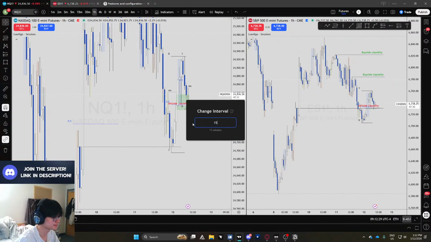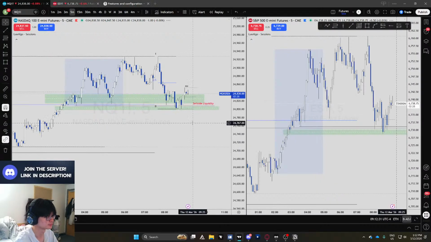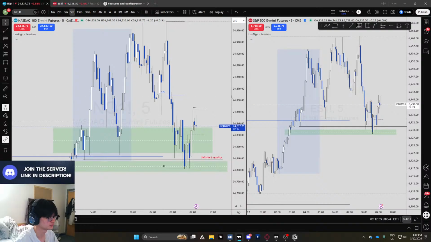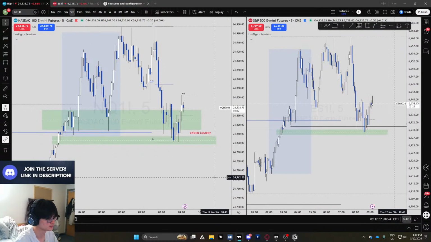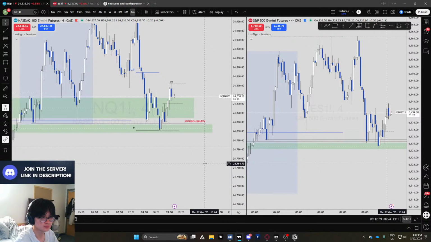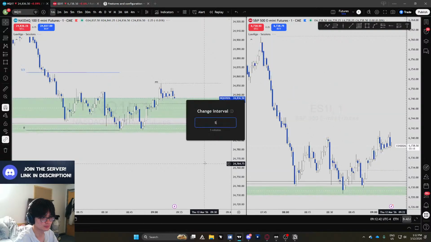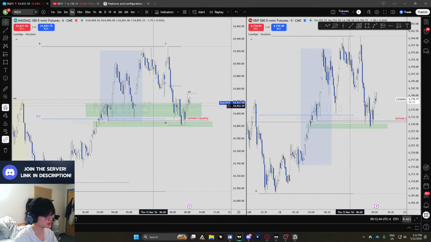Discount hourly. Actually, nothing. No entries in this price action here.